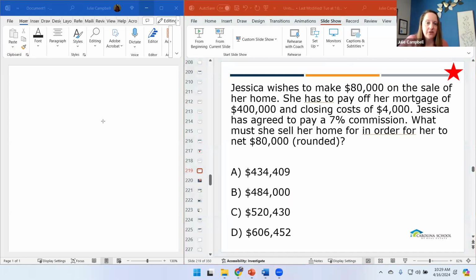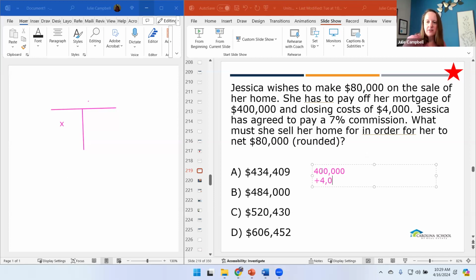When in doubt, if you're ever stuck on a math problem, I suggest just throwing down a T-bar, giving yourself something to play with, and the T-bar just lets you fill some numbers in. I know what I'm solving for is my sales price. The number that goes on top is her debt plus what she has to net. So she still has a balance of $400,000.